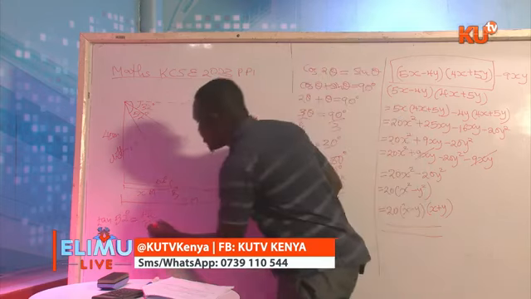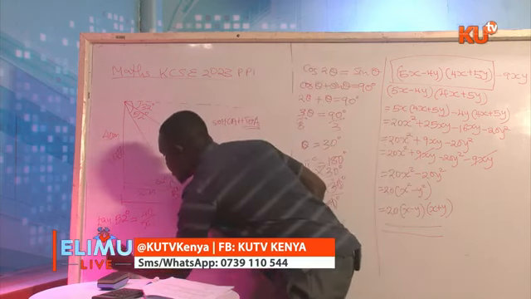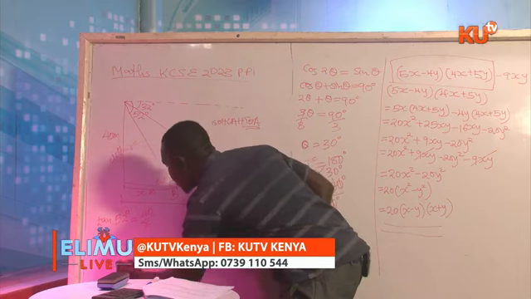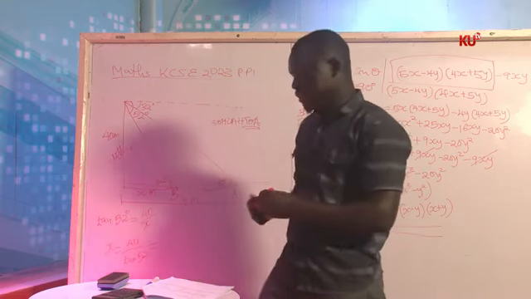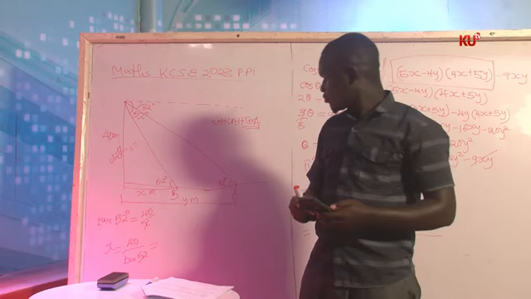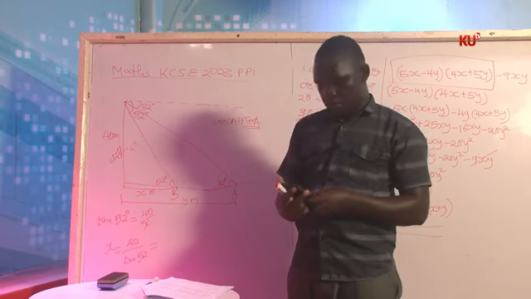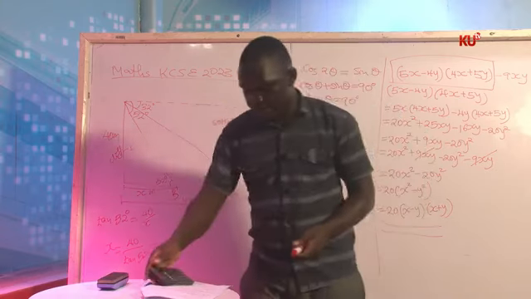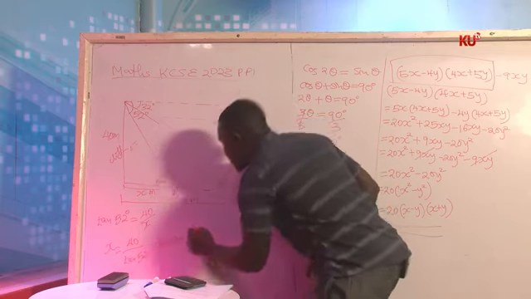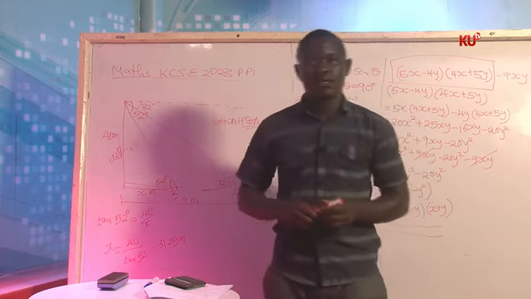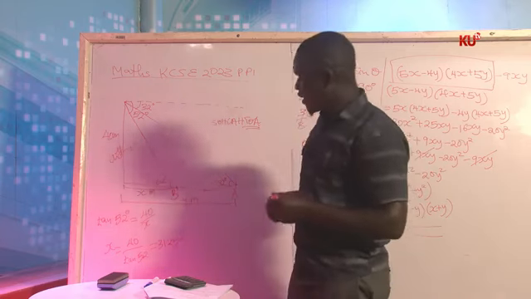My adjacent in this case will be x. If I make x the subject of the formula, I'll have x equals 40 over tan 52. What are you getting in that case? You just key in using your calculator: 40 divided by tan 52. I'm getting 31.25 meters, meaning the distance from boat B to the bottom of the cliff is 31.25 meters.